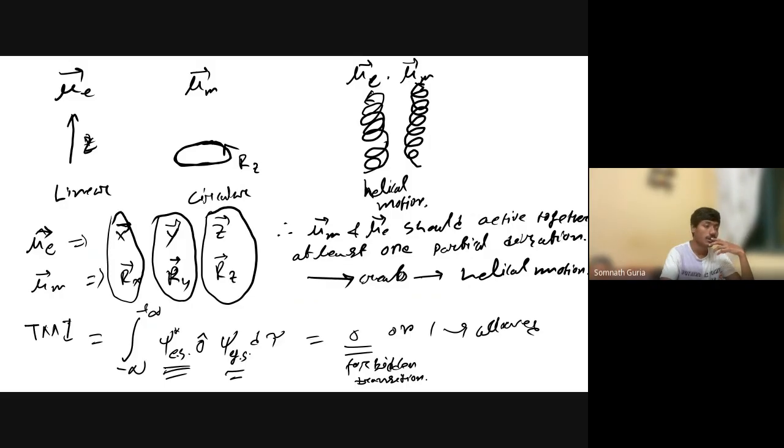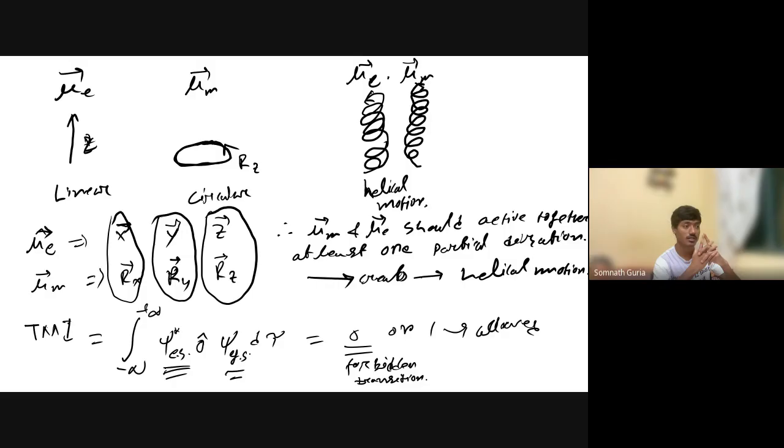and when the helical motion comes into the picture, for a molecule in one particular orbital, for x and Rx, y and Ry, z and Rz, at least one particular combination should be there. Then the mu m, that is the magnetic dipole moment, and the electrical dipole moment are active, and the combination of those will form the helical motion.